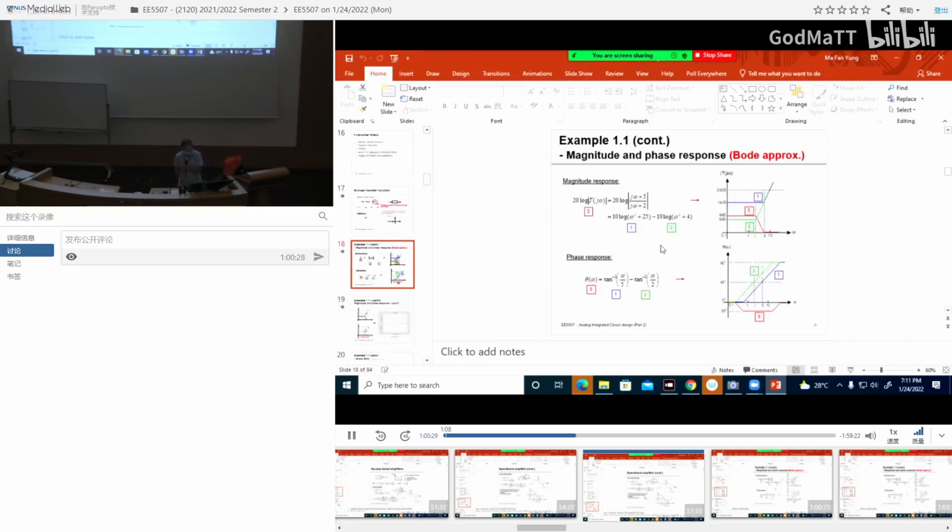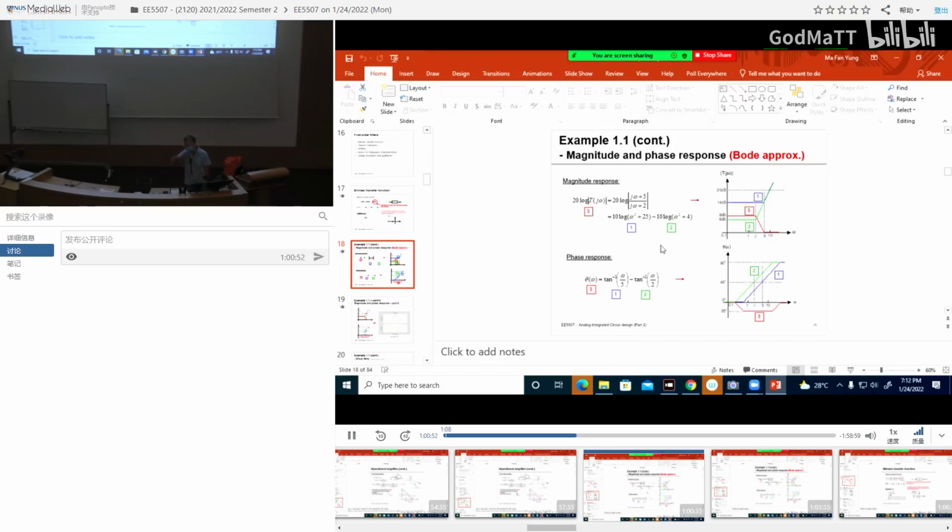So what does the frequency response of this kind of bilinear transfer function look like? From the Bode diagram, what is the magnitude response due to the zero? It goes up.